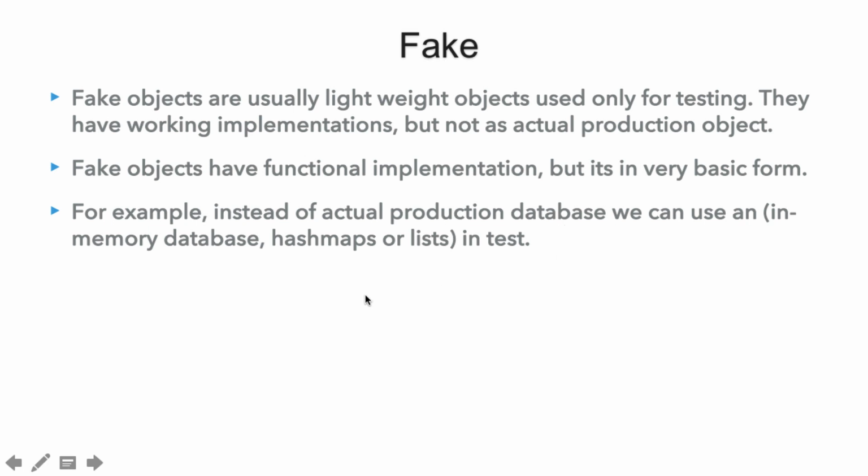We can use a hash map or a list to read or write something which we do with the actual production database. So instead of going to the actual production database, we are simply using lightweight working implementations which are very local to our unit test, and thus the fake test double helps us in unit testing the class which we want to test. Moving ahead.